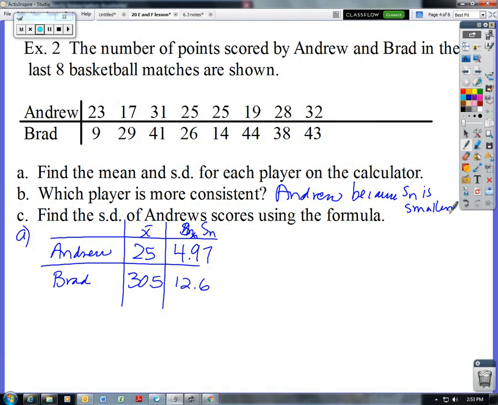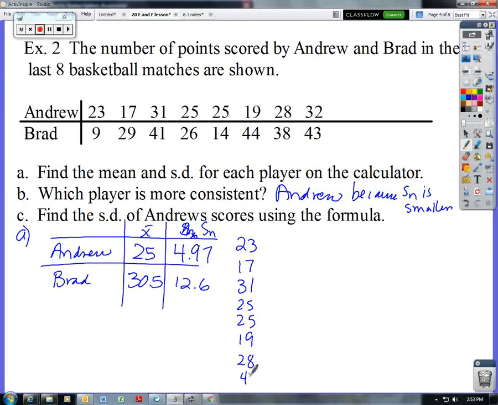Now we're going to find the standard deviation using the formula. To do that, we're doing Andrew. The best way to do this is to make his scores in a vertical format. And I'll try to write small enough so they can fit them all in one column.